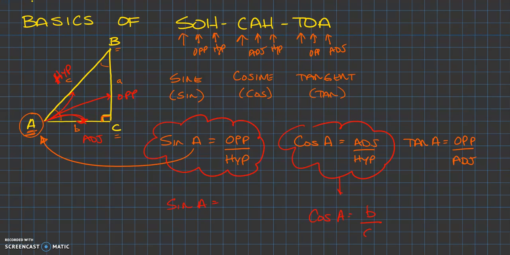The sine of A would be A over C. So the tangent of A would be opposite over adjacent, or A over B. Now we're just using some letters to try to get a feel for what in the world we're doing.